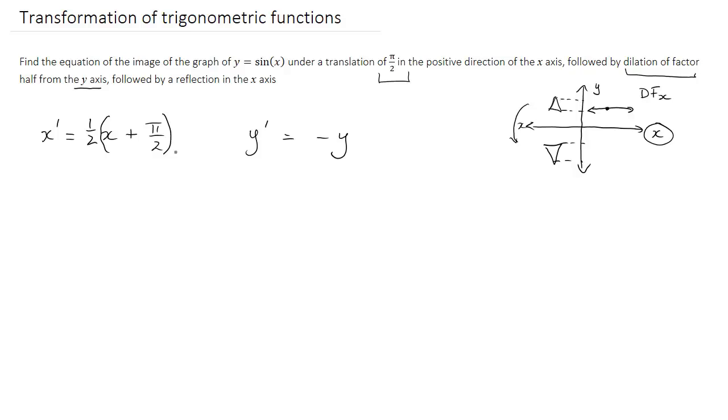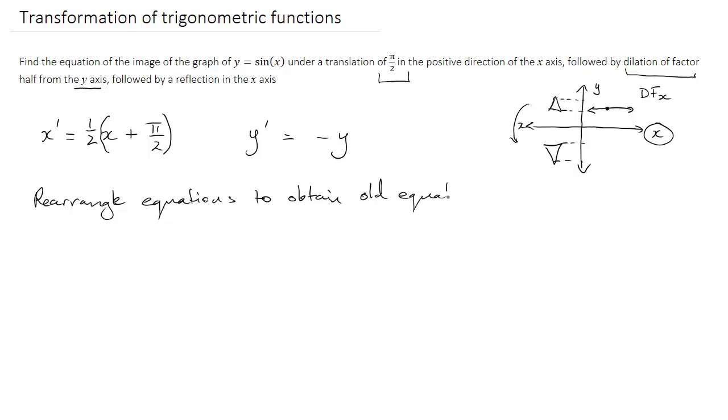So once we've got all of these sequences, what we can do is rearrange the equations to obtain the old equations.